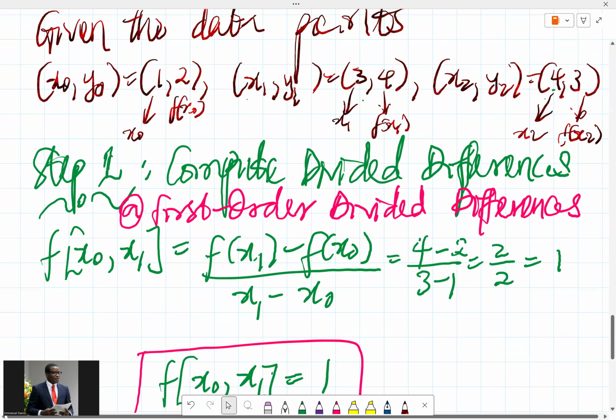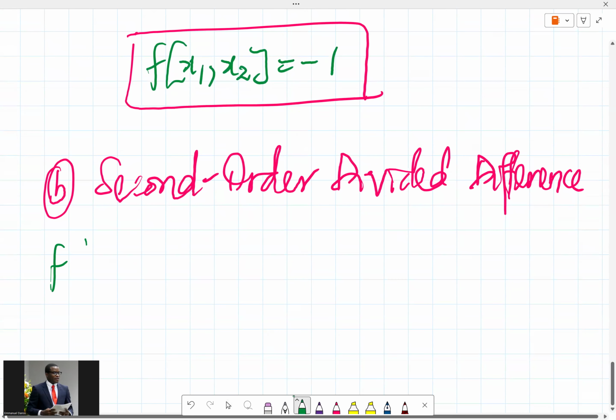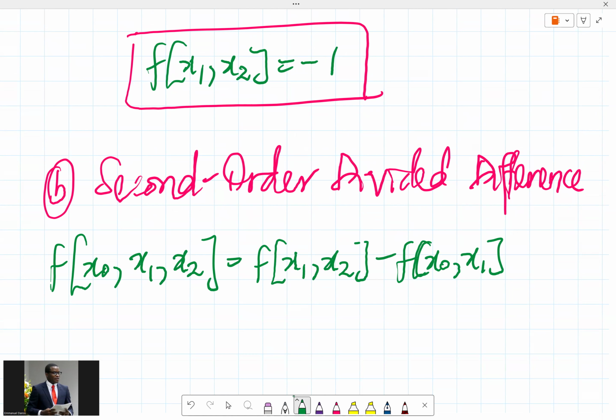Again, here we need f of x0, x1, x2. And that is the same thing as f of x1, x2 minus f of x0, x1. Interestingly, we've got these before now. All of this will be over the biggest x minus the smallest x, so that will be x2 minus x0.